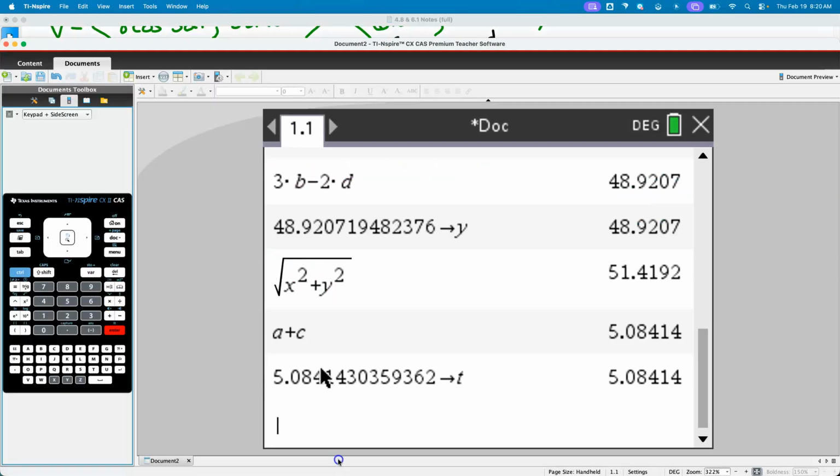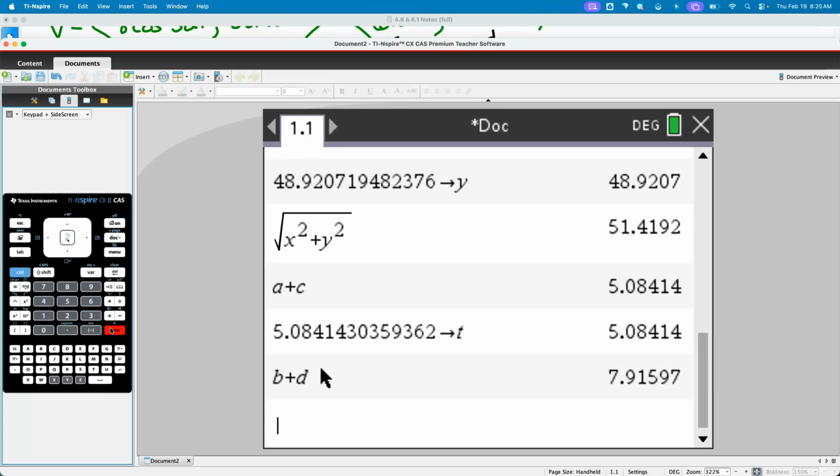Then I've got b plus d, and I can store that as my u. No, I don't want to use u because u is already in there. I should have picked something different than t.